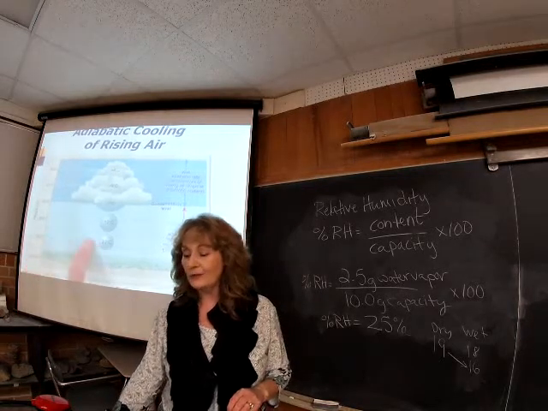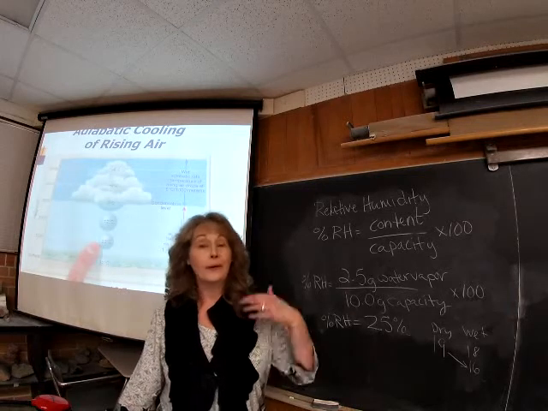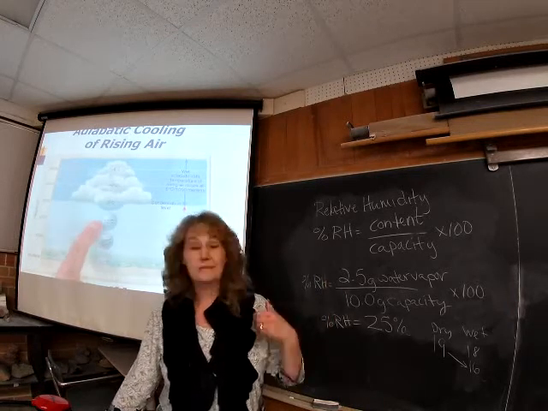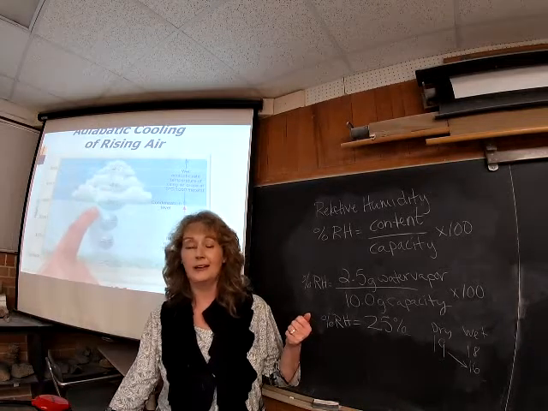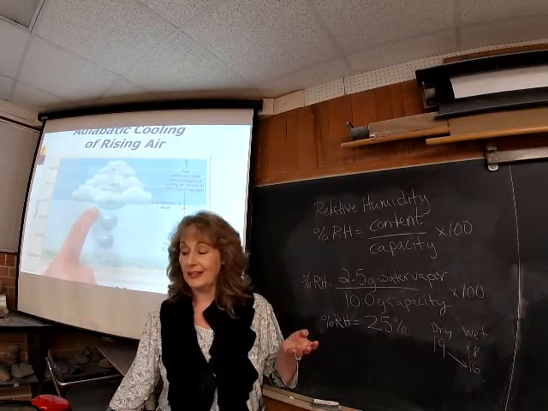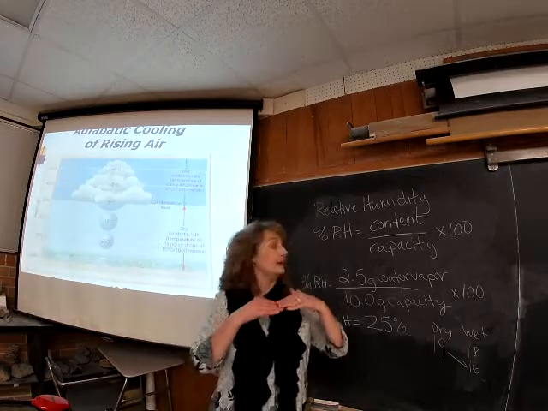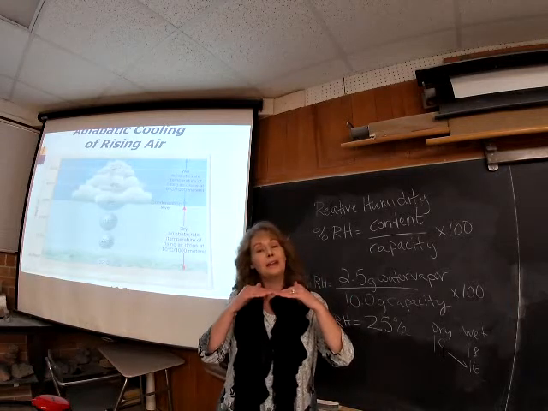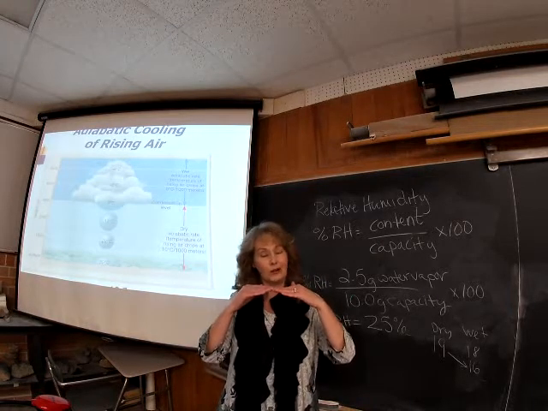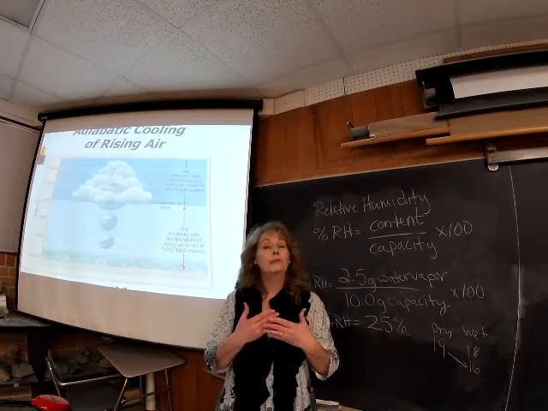So here we go. At 1,000 meters, we've cooled off 10 degrees, so now we're at 22 degrees Celsius. We go up another 1,000 meters, another 10 degrees, 12 degrees Celsius. Right here at 3,000 meters, we've cooled to 2 degrees Celsius. This is where the content equals the capacity for that air parcel, so condensation would begin.